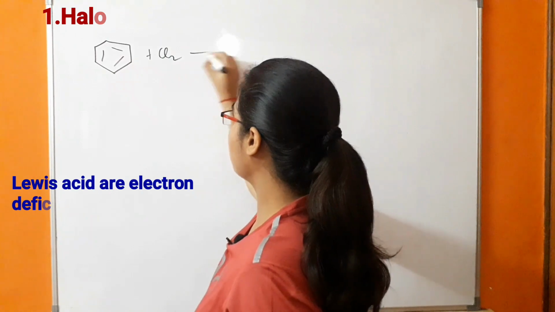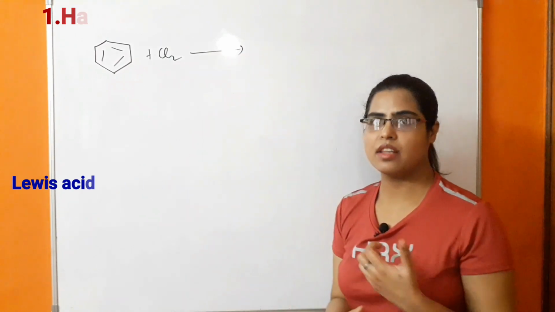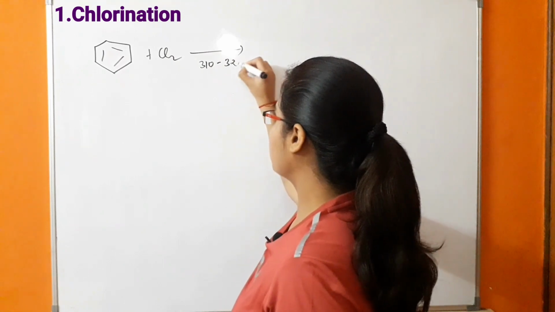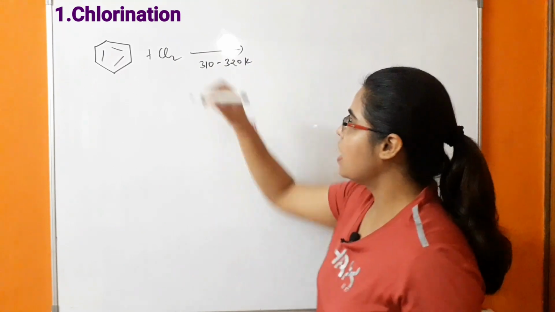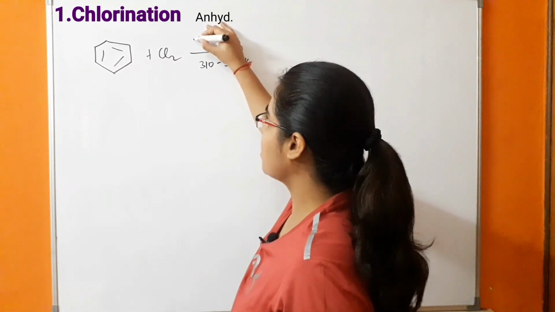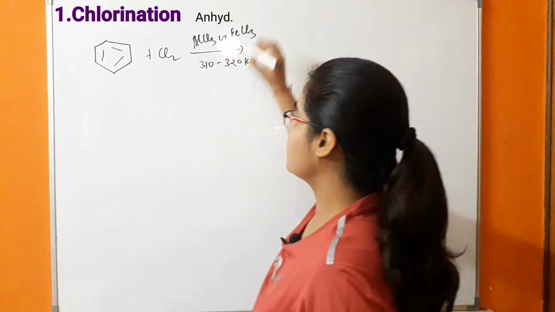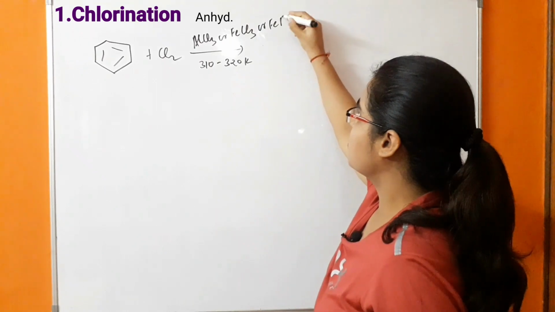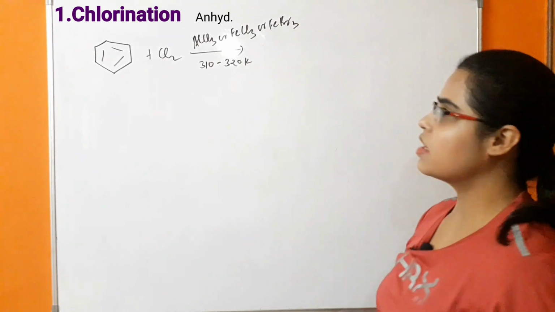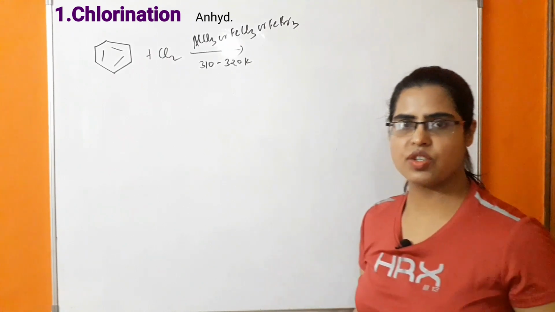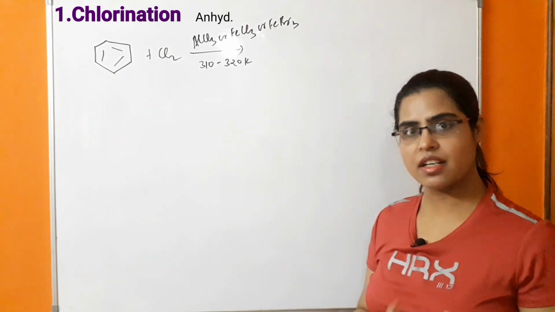In the presence of chlorine, the reaction takes place at a low temperature, around 310 to 320 Kelvin, with a catalyst, either AlCl3, FeCl3 or FeBr3. These are catalysts which behave as Lewis acids, initiating the substitution reaction in arenes.